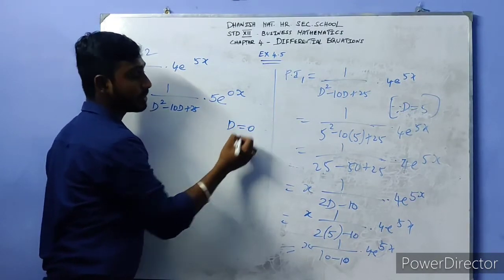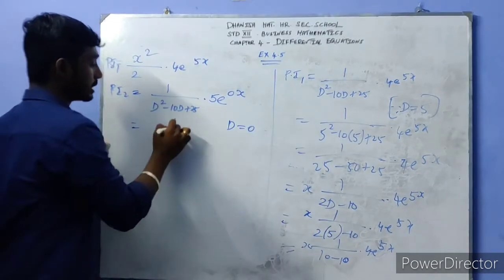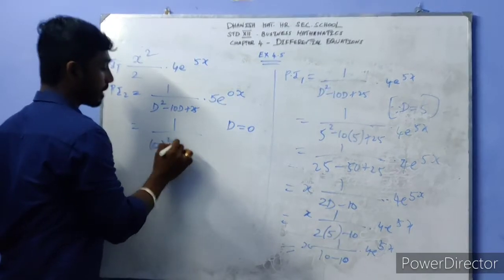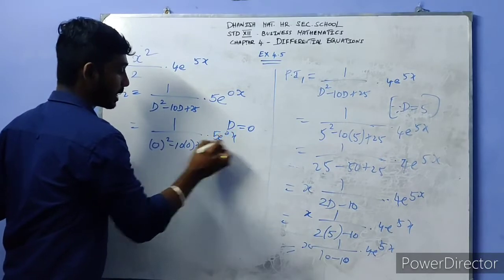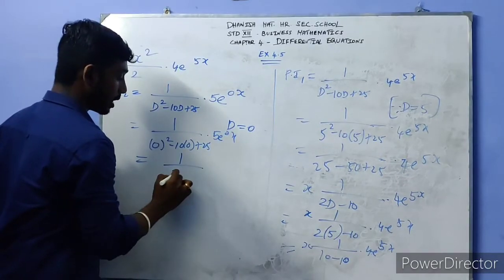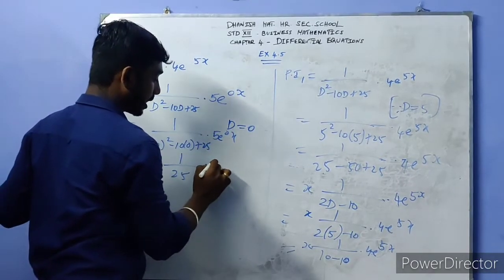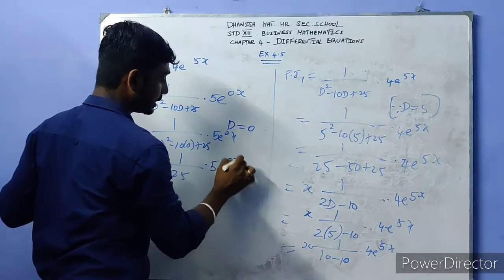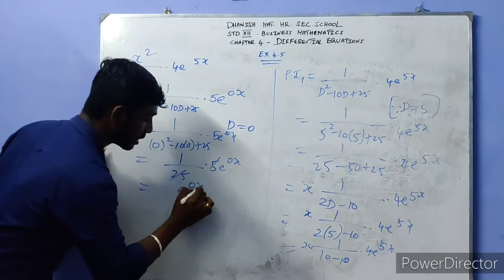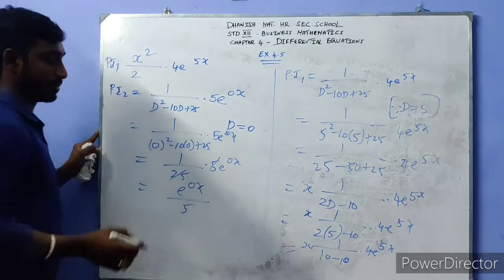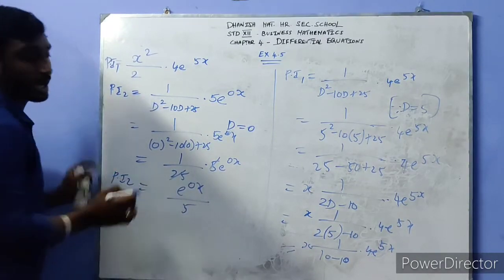The D value will be 0 here. So now listen here: 0 square minus 10 into 0 plus 25, 5 e power of 0x. You will be simply getting 1 divided by 25, 5 e power of 0x here. So cancelling, you are getting e power of 0x divided by 5. This is the PI2 value.